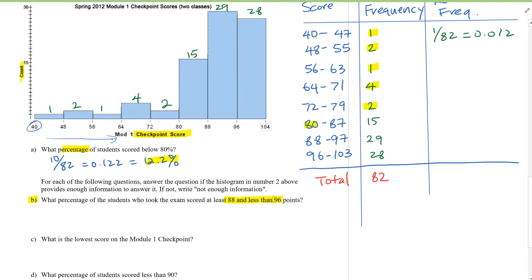At least 88 means 88 or higher, but less than 96 means no more than that.